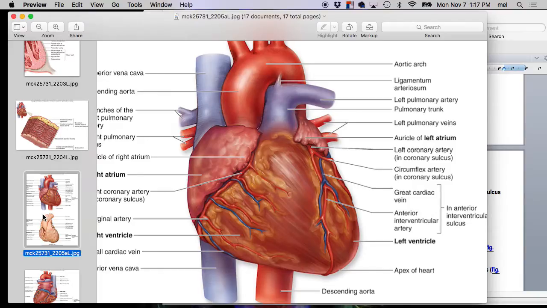One of them is this guy right here. It's a depression on the anterior surface, and it's sitting right on top of the interventricular septum. It always has blood vessels in it. We'll name the blood vessels a little bit later. But what this is called is the anterior interventricular sulcus. So if I'm looking at an anterior view, this all over here is right heart, right ventricle, right atrium.